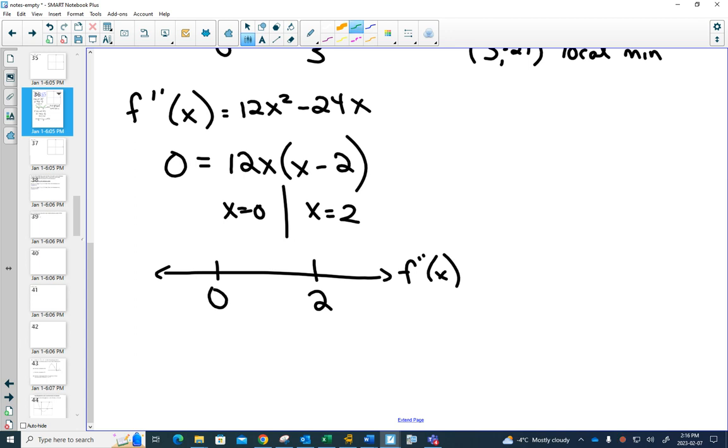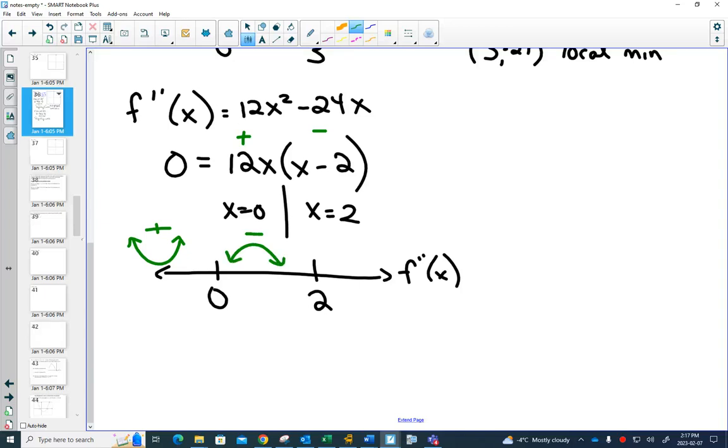Again, I'll use the factored form. If I plug in something less than 0, this is negative, this is negative. Negative times a negative, our second derivative will be positive, and your number line for your second derivative tells you this is concave up. If I plug something in between 0 and 2, this is positive. That factor is still negative. Positive times a negative.